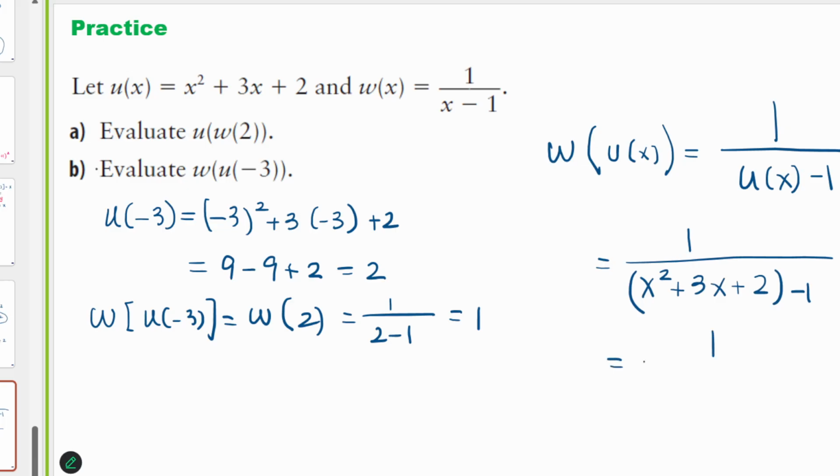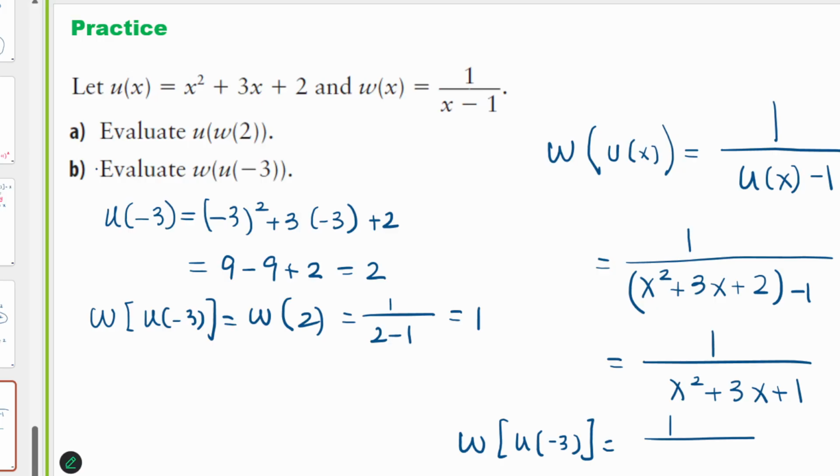And simplify to 1 over x squared plus 3x plus 1. And then w of u of negative 3 is 1 over 9 minus 9 plus 1, which is 1, right? Okay, so this is all about topic 4.